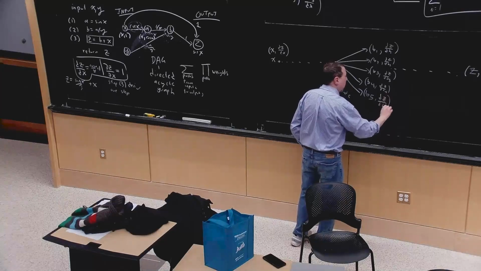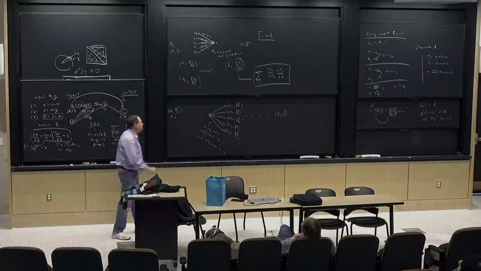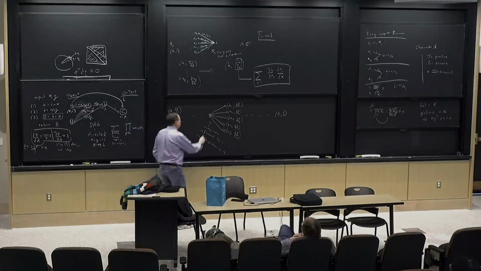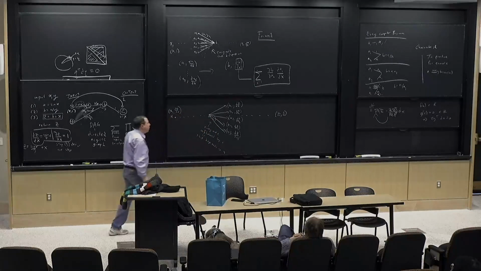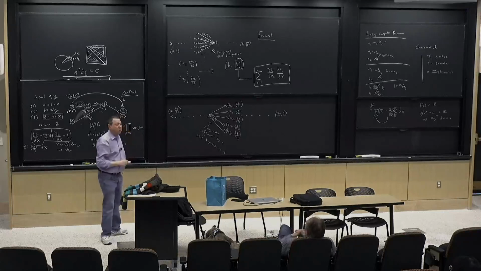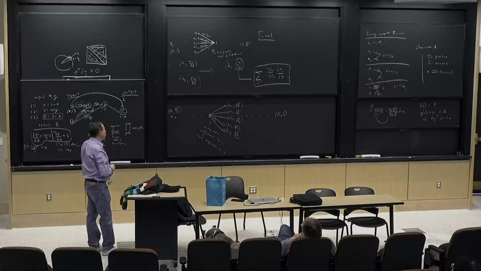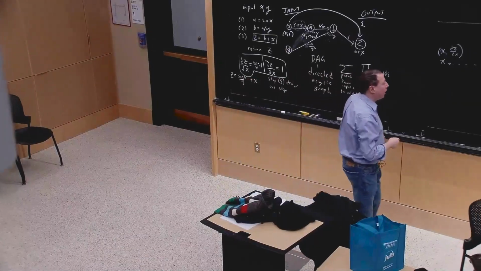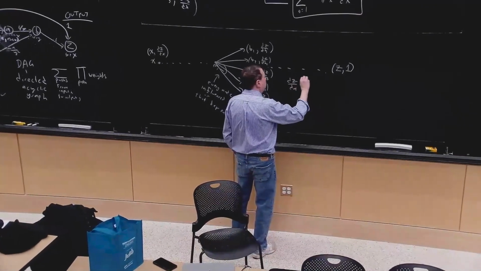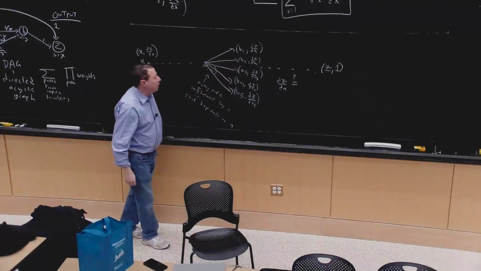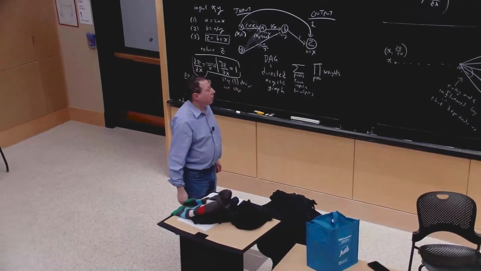We have the derivatives all the way from z to where we are now. Our goal is to figure out what to put here. If you know what to put here, then you can go from right to left. So our goal is to figure out dz dA. If we had a good formula for dz dA in terms of all of these pieces, we would have no trouble doing this.